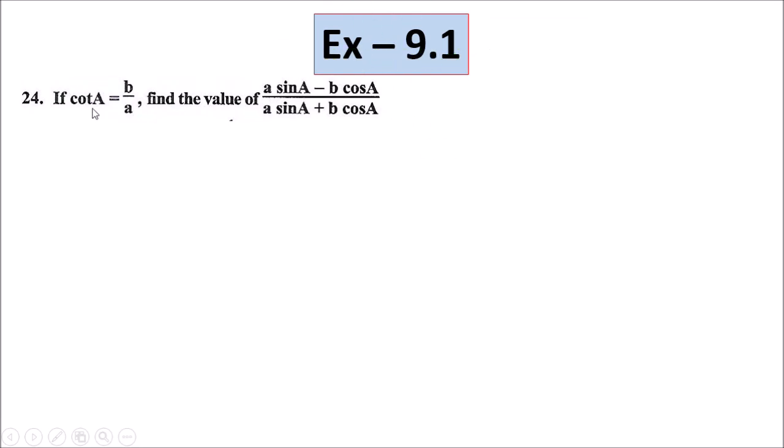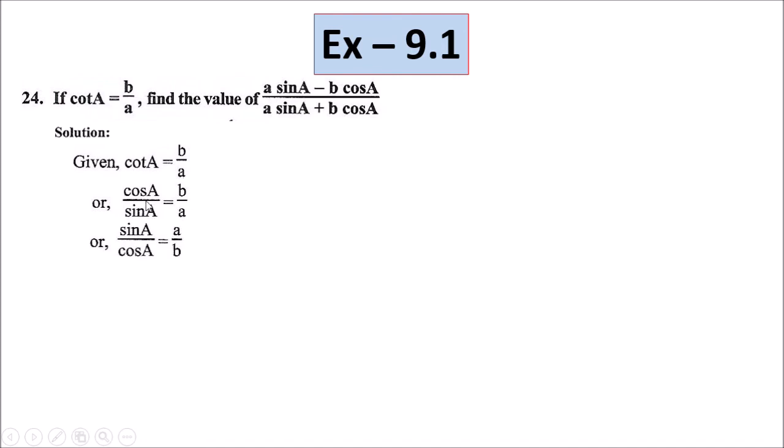So this is another math. If cot A equal to b by a, then find the value of a sin A minus b cos A by a sin A plus b cos A. So for the solution of this math, there is given cot A equal to b by a, or cos A by sin A equal to b by a.